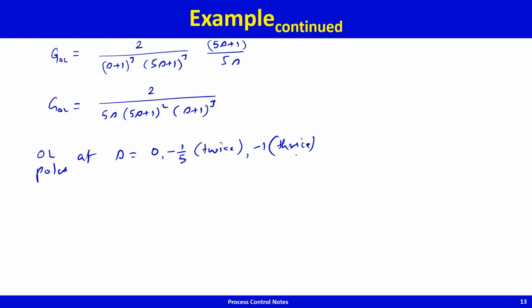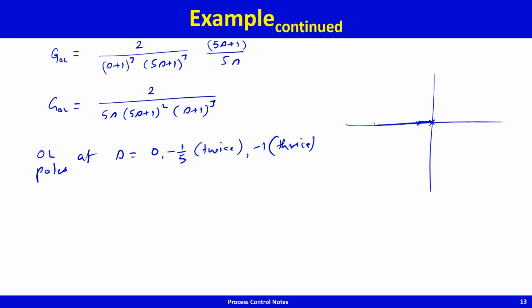And again, if I look at the root locus, it will have a qualitatively similar shape. You got this pole, then you got minus 1 by 5 twice. So the locus will exist here, and the locus will also exist here.